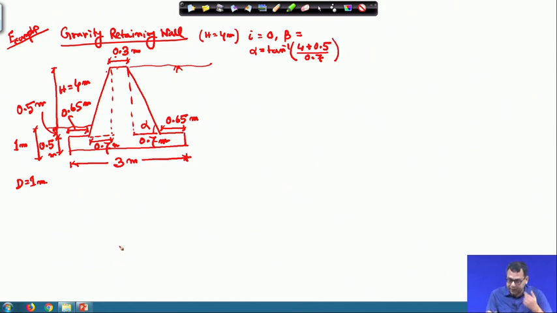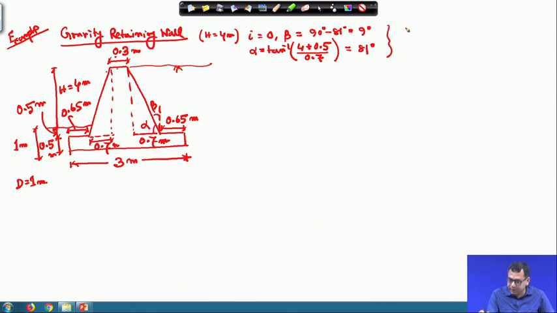So, this is the tan inverse, and this value is coming out to be 81 degree. So, beta value is 90 minus 81 degree, so this will be 9 degree. So, beta is this one. Fine, beta is 9 degree, alpha is 81 degree.